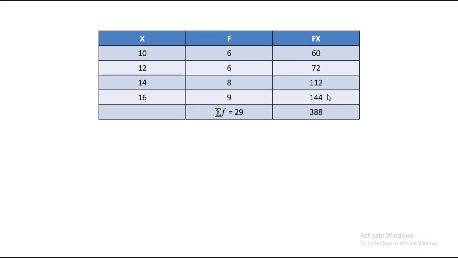As the formula says, you need the added values of fx, that is summation fx divided by the sum of f. So the sum of fx is 388. x bar equals summation fx divided by sum of f. 388 divided by 29 gives me 13.37.